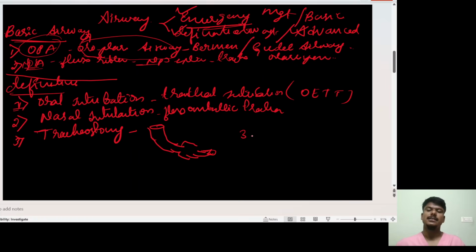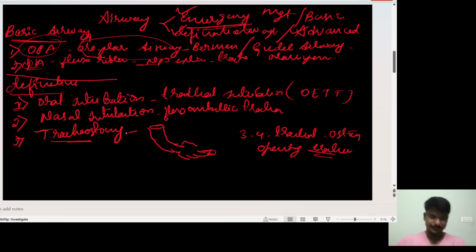At the third or fourth tracheal ring, you make an incision and keep it open. That's why we call it a stoma, an opening inside the trachea, and put a tube inside. That is tracheostomy. It is an emergency, definitive, life-saving procedure. So these are your basic and advanced airway management.